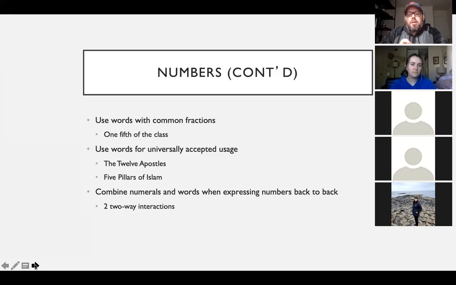And when you have numerals that are expressing numbers back to back, you do typically use one that would be written out in numerical form and then one as a word. So the example here would be 2 two-way interactions, because the numbers follow right after one another, but in a different way. It would be 2 numerically, and then two-way is written out, and then interactions.